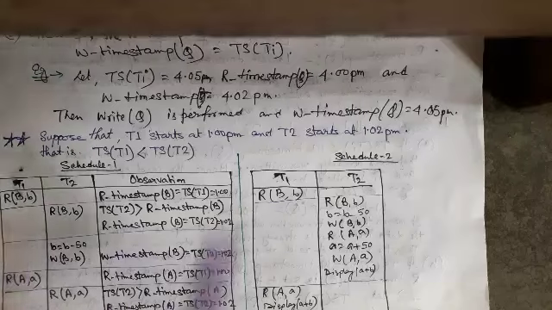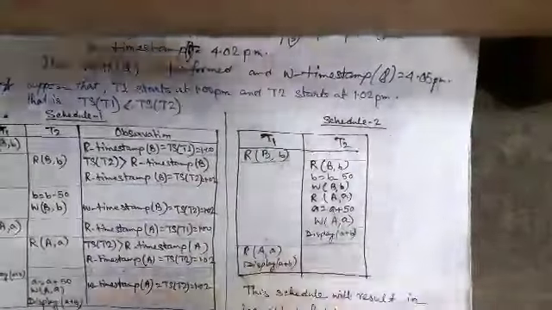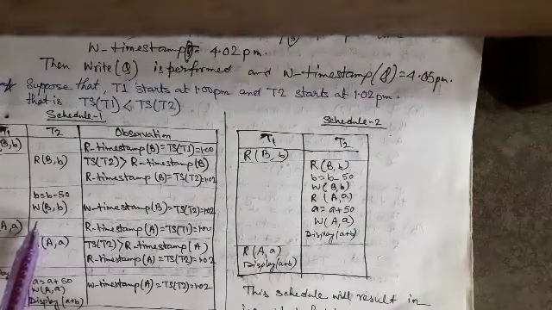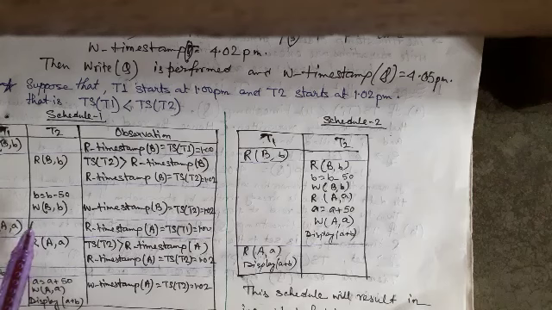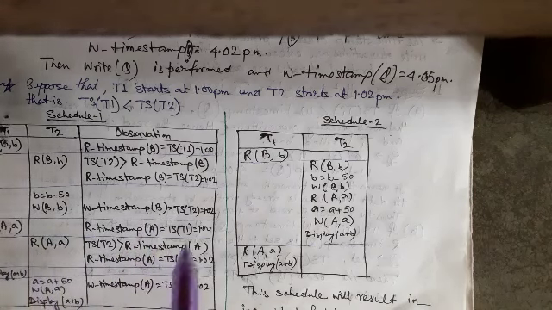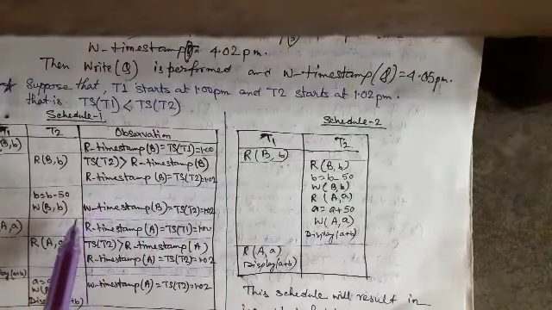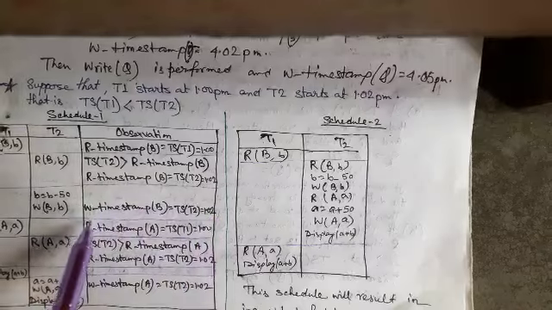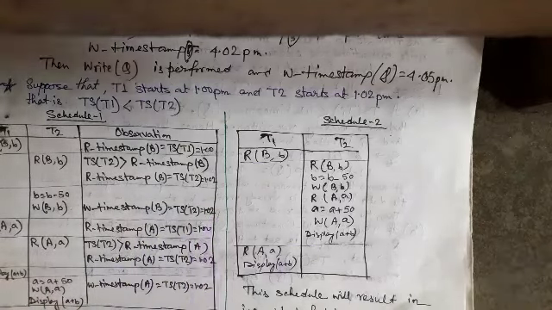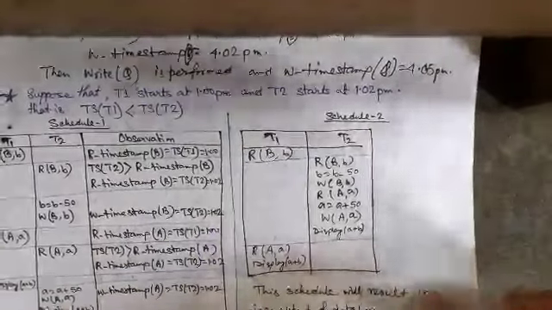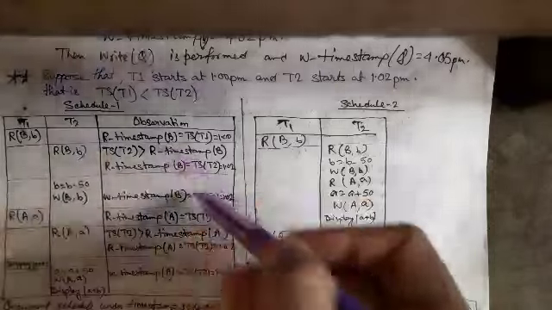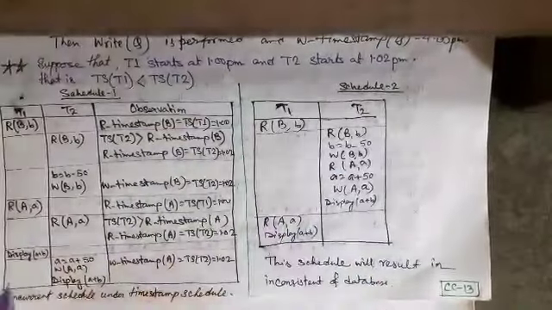Then there will be the minus and write. Since the write timestamp of B is less than or equal to the timestamp of T2, which is 1.02, the write timestamp of B will be 1.02, and this operation will be performed.